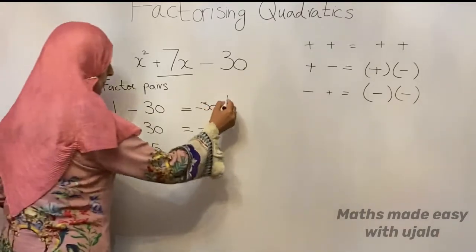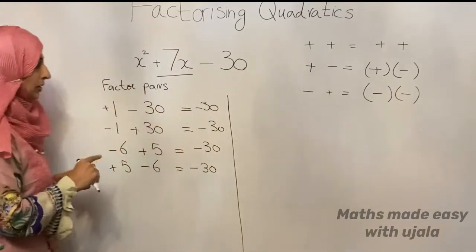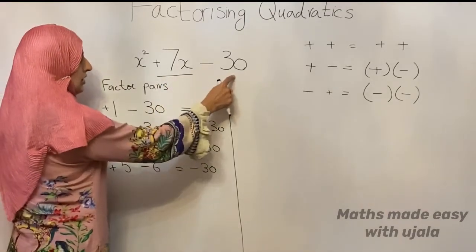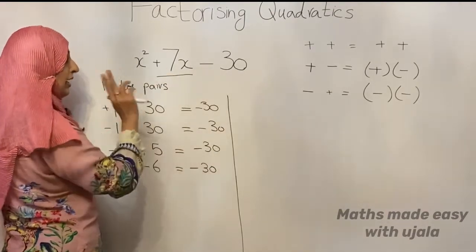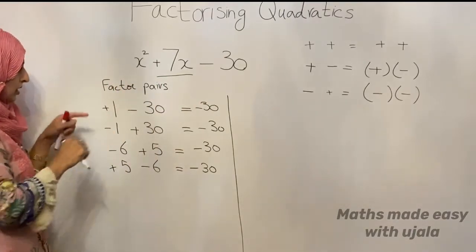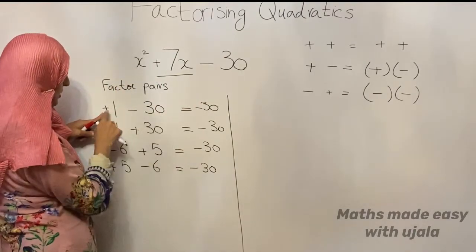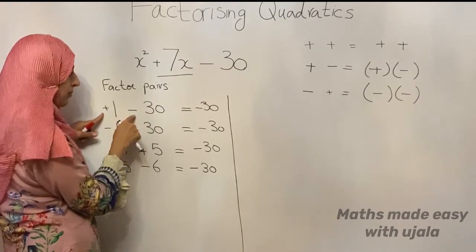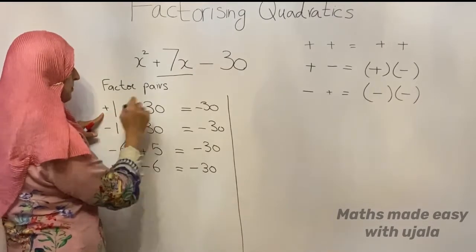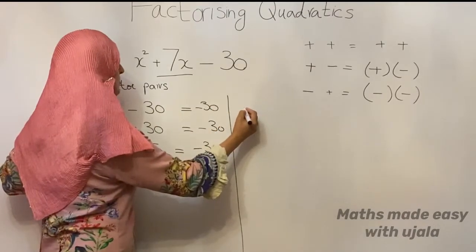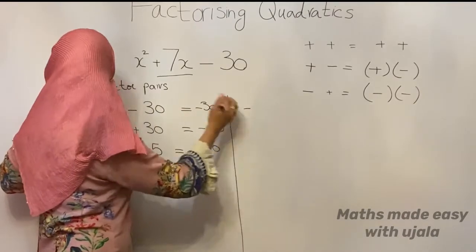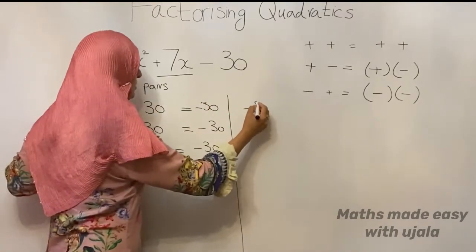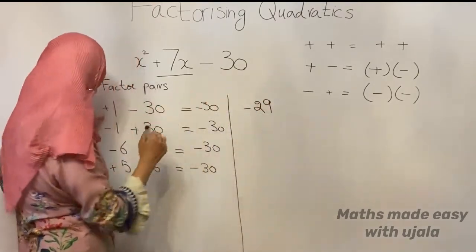For the same pairs, I'm going to add them now because we have to find the right factors. If you multiply them, the answer should be minus 30, but if you add them, the answer should be plus 7. Minus 30 plus 1: if you add them, the answer is minus 29.